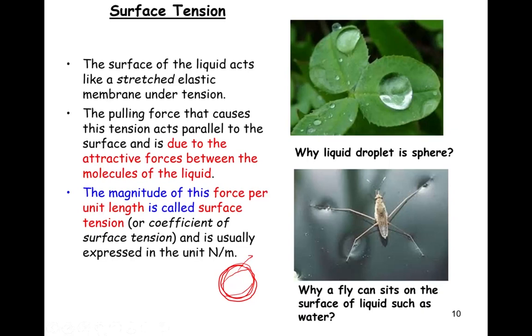The magnitude of surface tension is force per unit length, which is called the coefficient of surface tension, and normally its unit is Newton per meter in SI units.